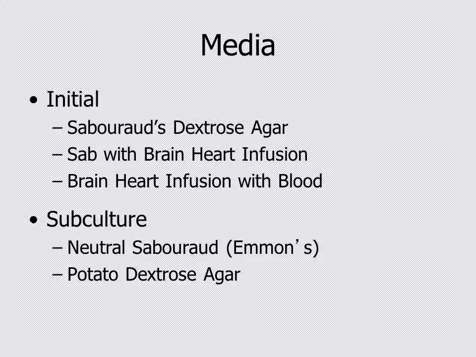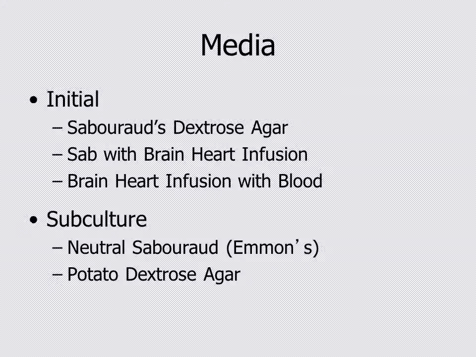There are also several media that are available for fungi that besides having enrichment substances in them, they also have various antimicrobial agents. And these are specifically in there to inhibit the bacteria that might have been in the specimen, again, to allow the fungi to grow up. Sometimes they contain agents that are actually antifungal agents, but their purpose is to inhibit the rapid growing fungi.